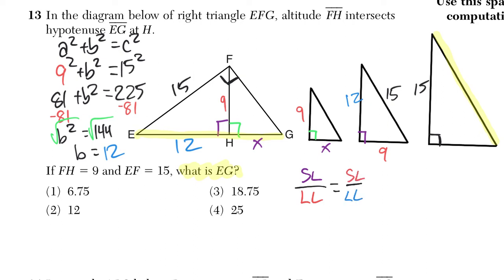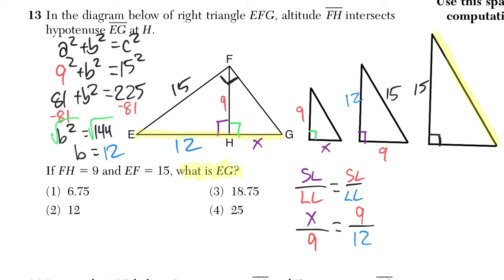Now let's substitute those values in. So I know that the short leg we're going to call x equals what over what? So short leg over 9, that's the long leg, equals the short leg 9 over the long leg, which is 12. So again, we're doing the relationship between the small triangle and the medium triangle right here.